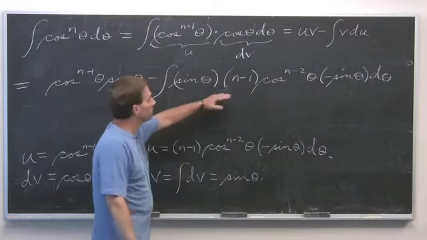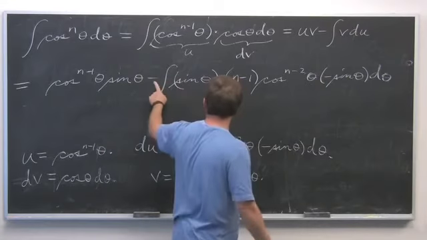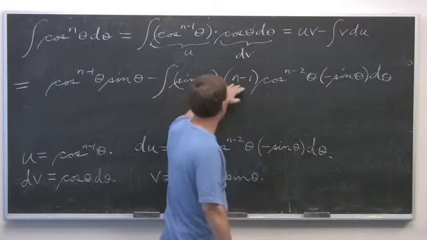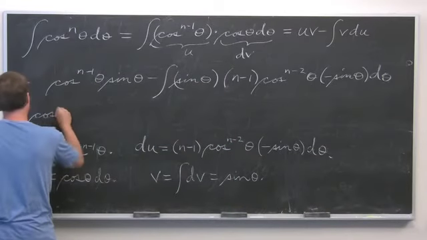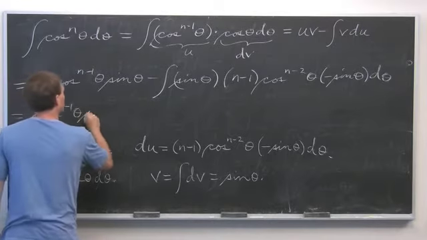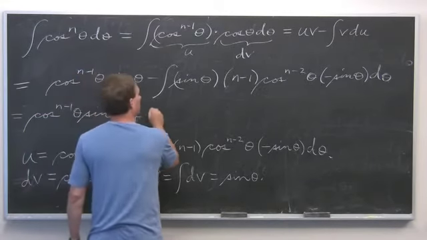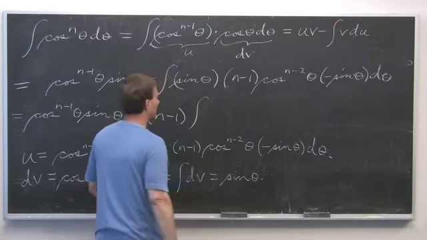Okay, the n minus 1 is a constant. We can pull that out of the integral. The minus sign is a constant. I can put that there, so I'll get a minus, so a plus here, pull out an n minus 1. You get cosine to the n minus 1 of theta, sine of theta, plus n minus 1 times the integral of what's left.